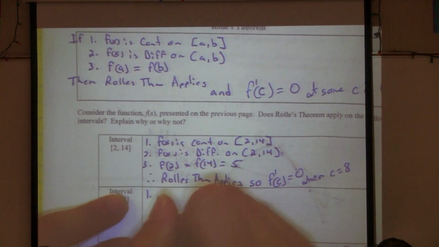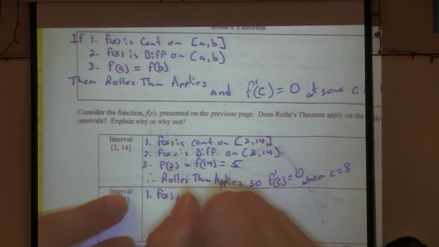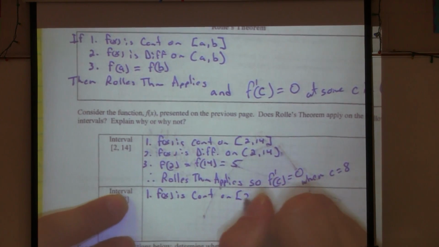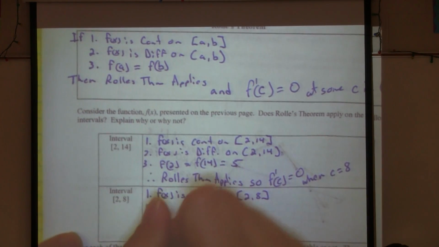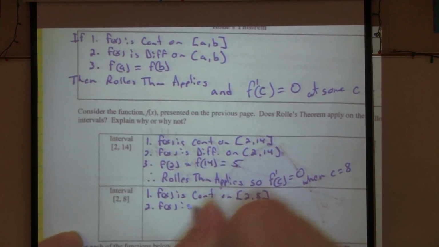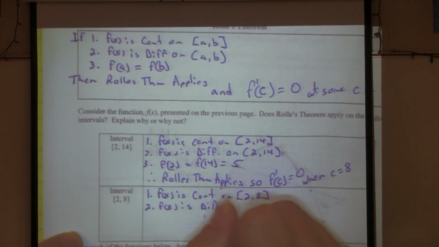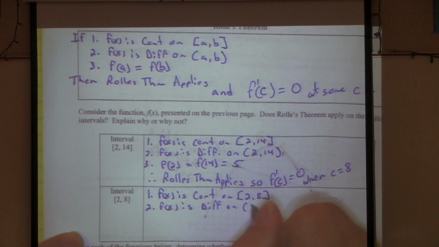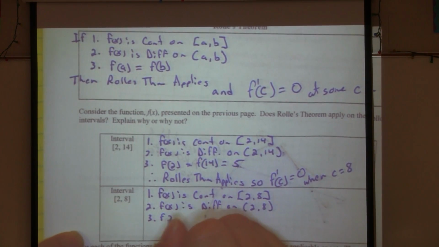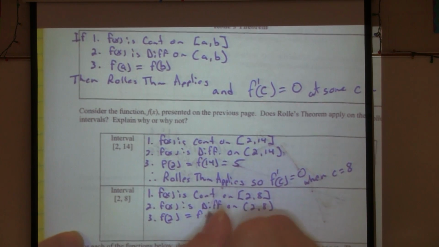So 1, would it be continuous between 2 and 8? Yes, because we already know it's a parabola. You have to write all this down, okay? Is it differentiable from 2 to 8? Yes. Open interval 2 to 8. Number 3, does f of 2 equal f of 8?